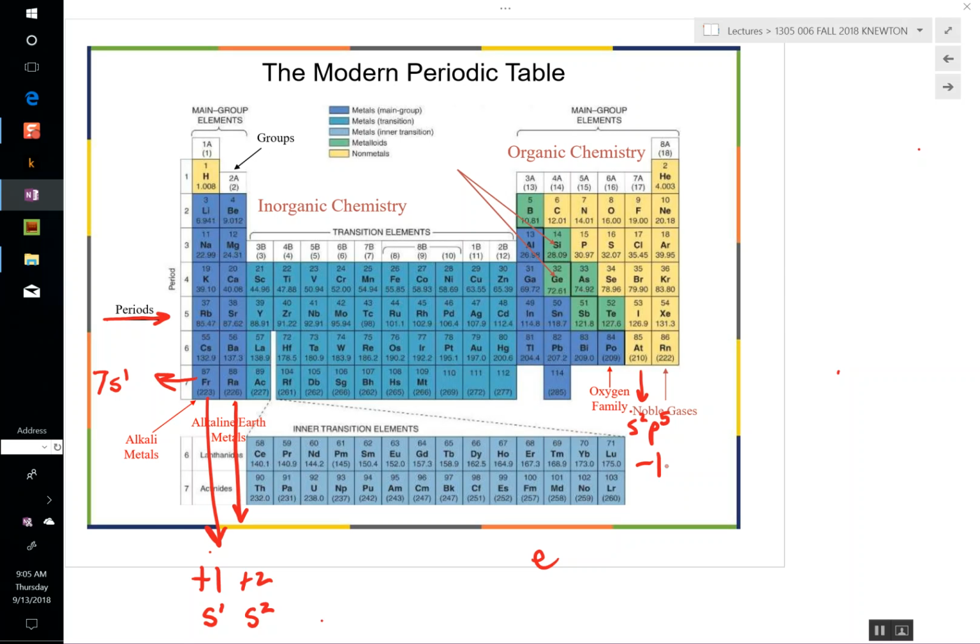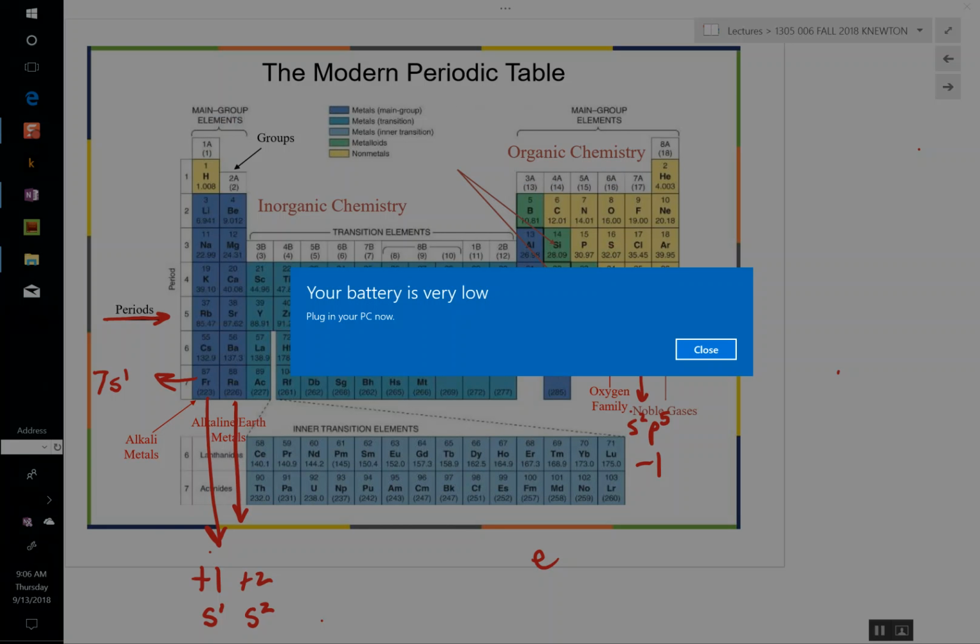Nothing happens down here chemically. It's all happening with the outermost energy levels. The electron is either being lost from a sodium atom, or the fluorine atom is drawing in an electron to its outermost energy level. But this is where the chemistry is occurring. Chemistry is all about electrons.